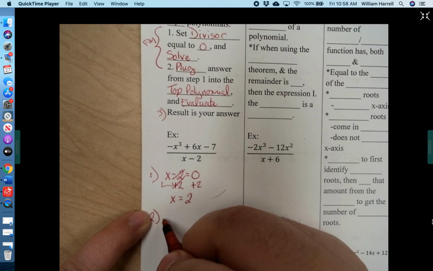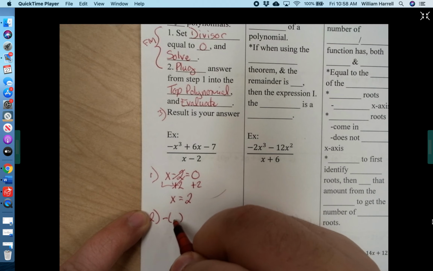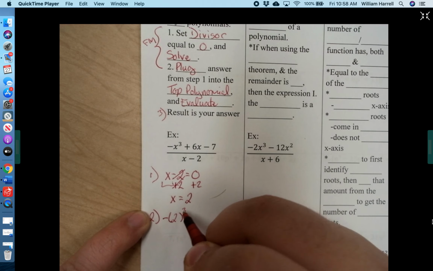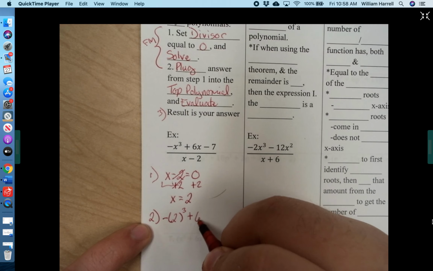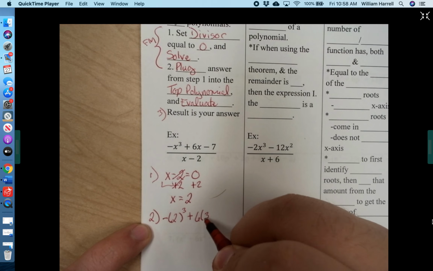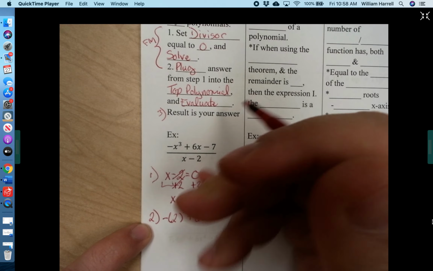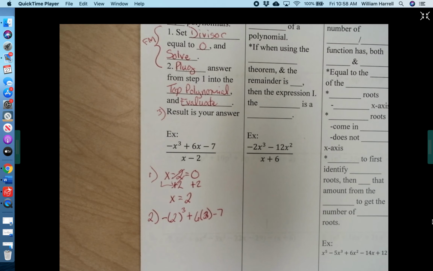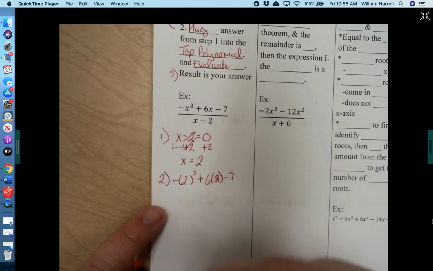So step 2 is I'm going to plug in x equals 2 everywhere I see an x. So again, everywhere I plug in something, I put parentheses. After doing this so many times, so often, it's just kind of second habit to me now. You don't have to do it. However, I advise you to. It's one of those things, if I always do it, I should never make a mistake. 2 cubed is 8.